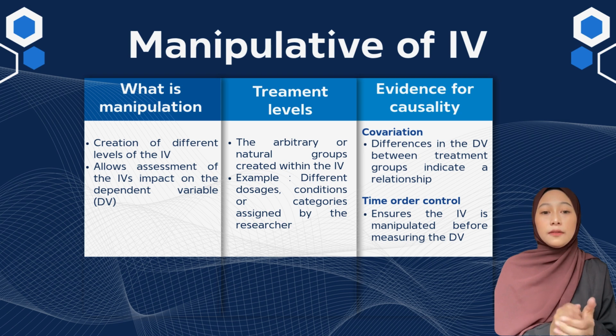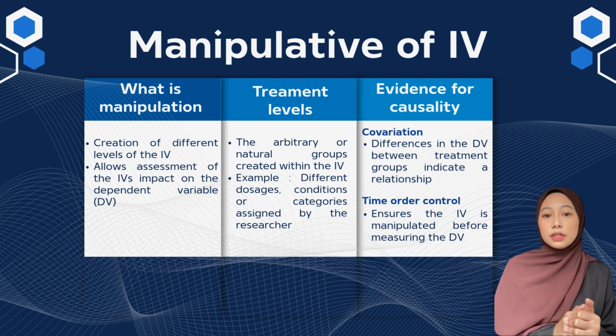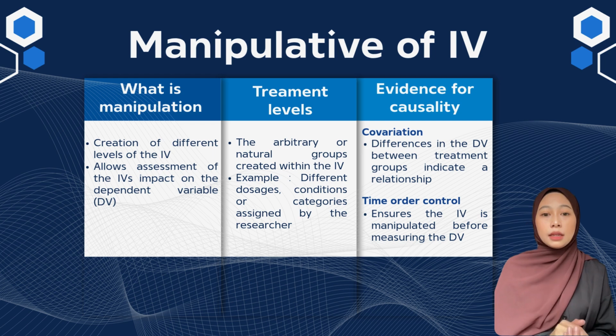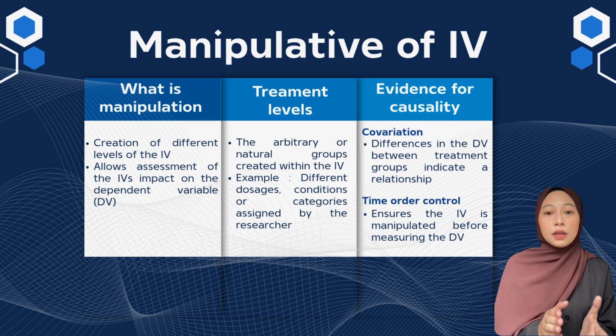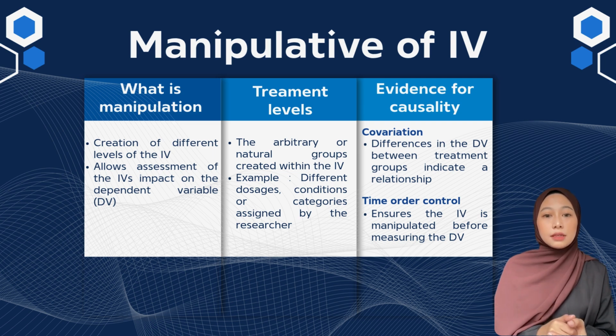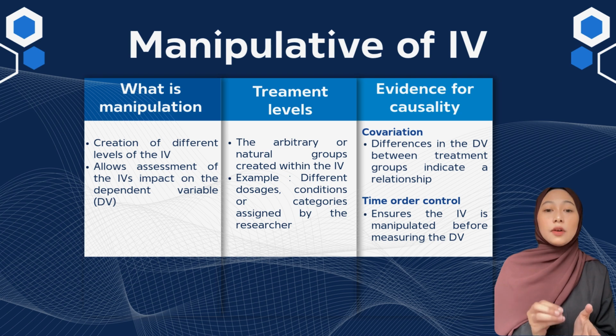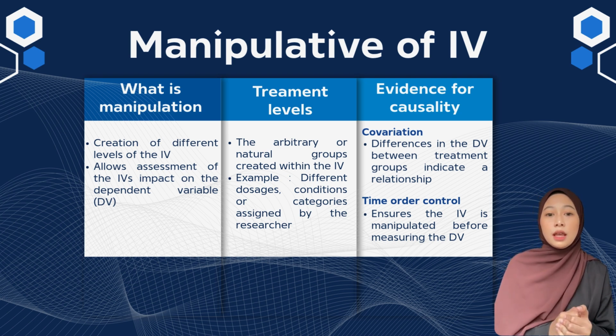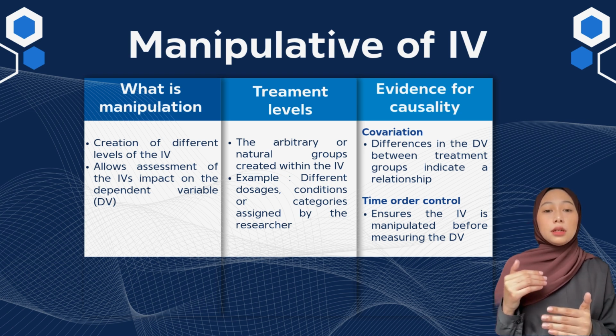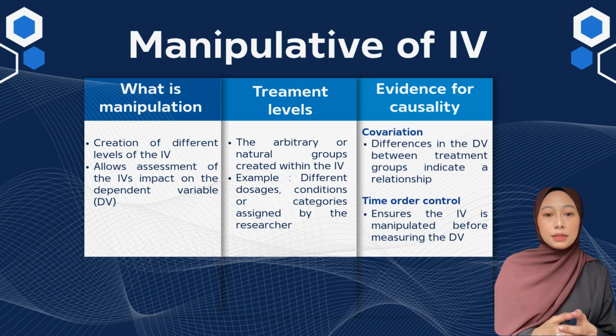So, definition: the process of creating different levels or conditions of the IV to examine how change in the IV affects the DV. Purpose: by varying the IV systematically, researchers can observe whether these changes lead to differences in the DV, helping to test a hypothesis.